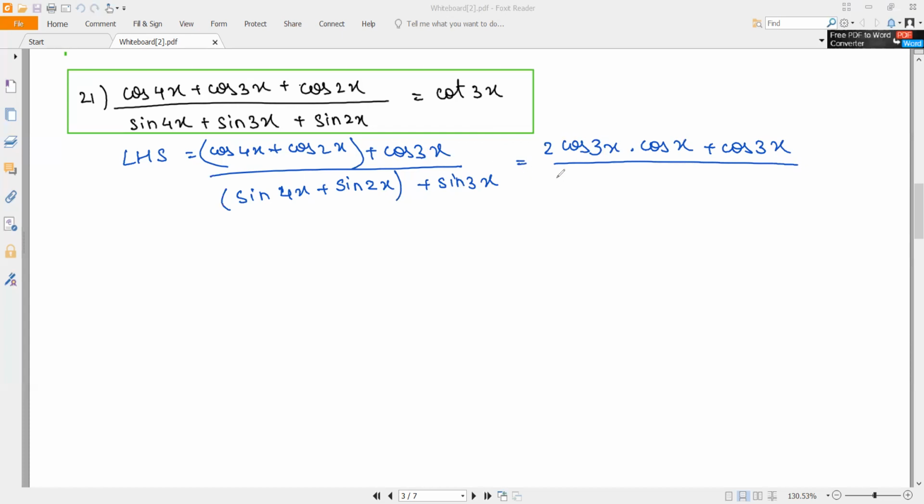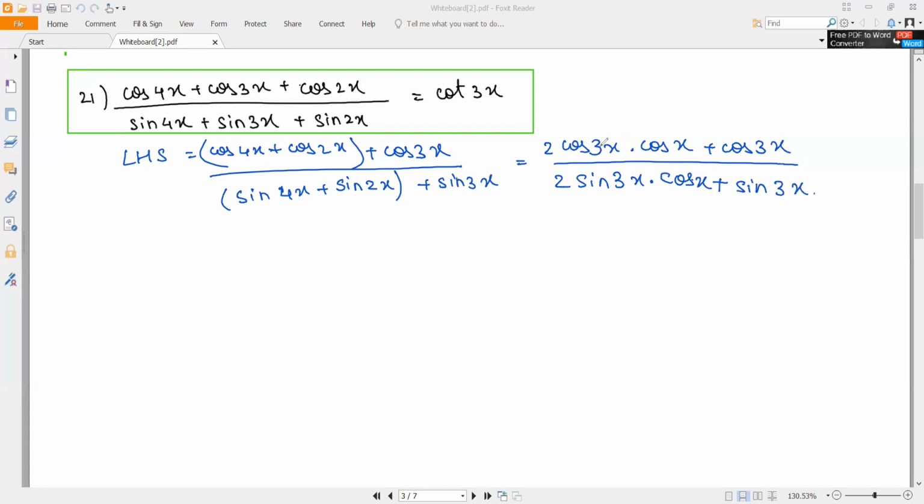This is 2 times sine of A plus B by 2, which is 4x plus 2x, 6x divided by 2 is 3x, into cos of A minus B, which is 4x minus 2x is 2x divided by 2 is x, plus sine 3x.